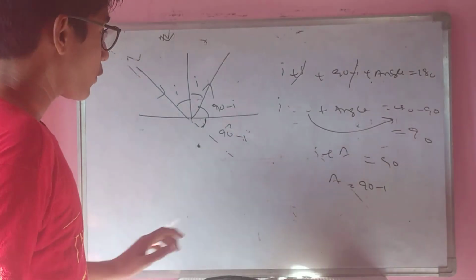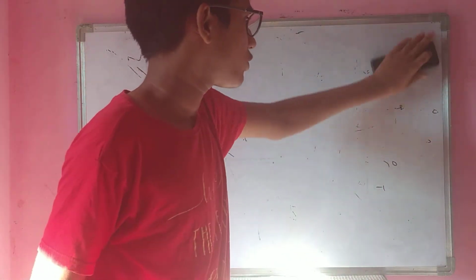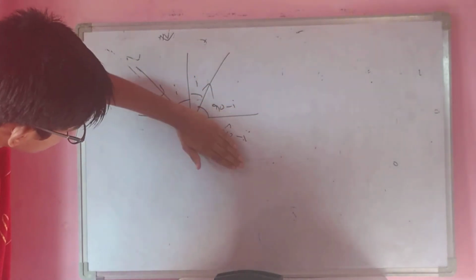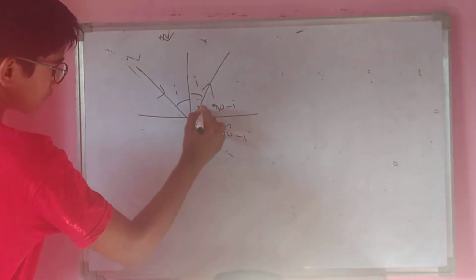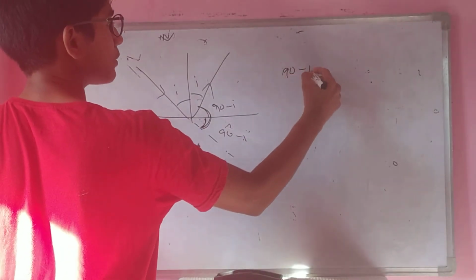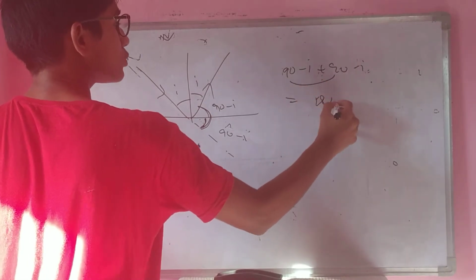Now tell me, what is the angle of deviation? This only, no? This total angle means this angle plus this angle. So I am summing 90 minus I plus 90 minus I, which equals 180 minus 2I.